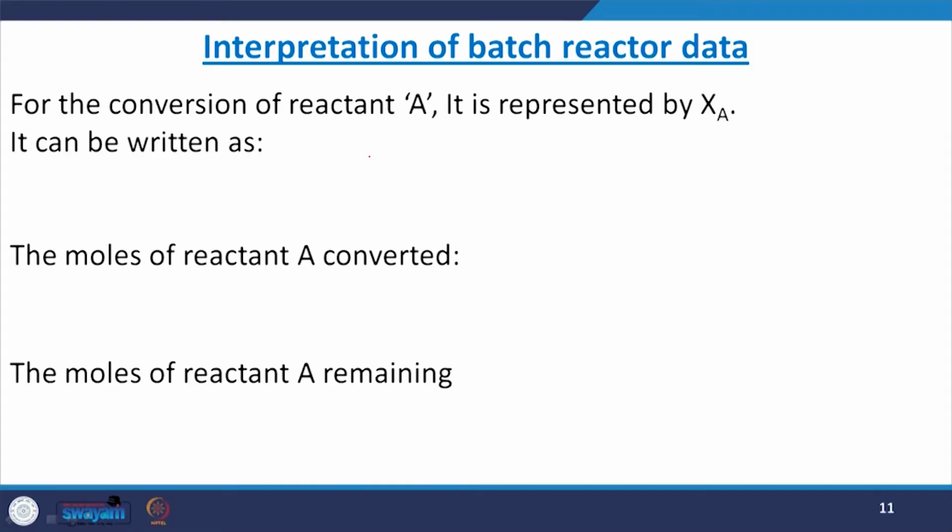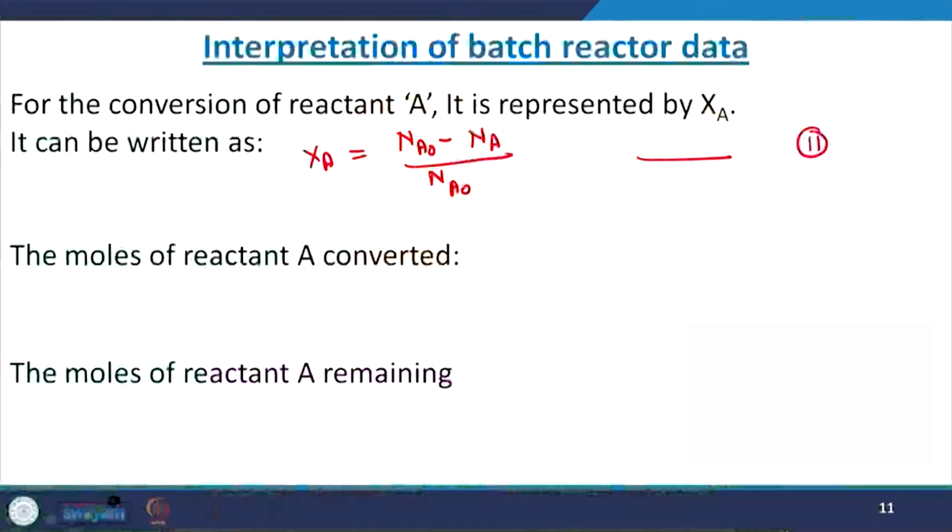Now, mathematically we can represent this equation like this: the conversion of reactant A, sometimes referred to as XA, is equal to Na naught minus Na upon Na naught. For reference, we may cite this equation as 11.